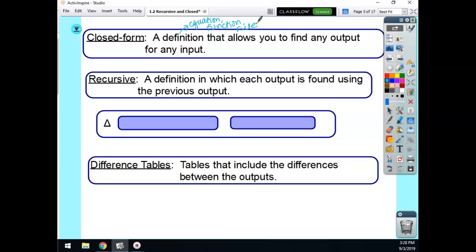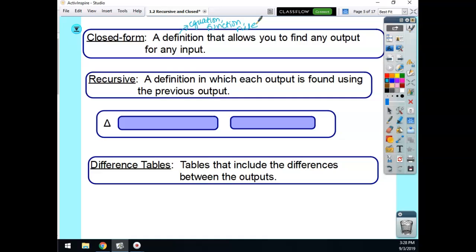That allows you to find any output for any given input. So whatever the input is, we can plug it into that equation or that function or that rule and find the output.